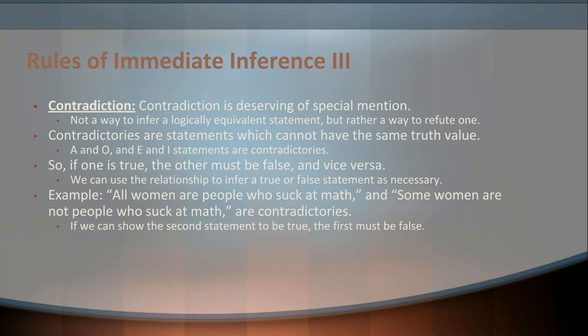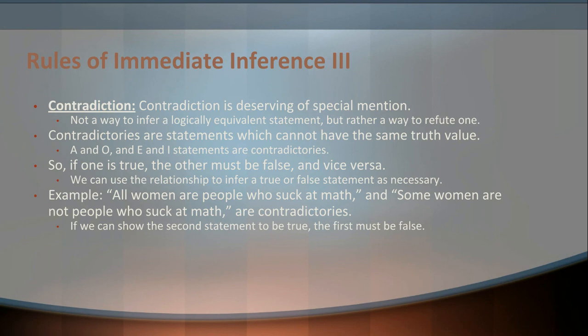And in some situations, this is a very valuable relationship to keep in mind. If trying, say, to disprove that universal affirmative statement, all you have to do is prove the particular negative statement: some women are not people who suck at math, and so on.